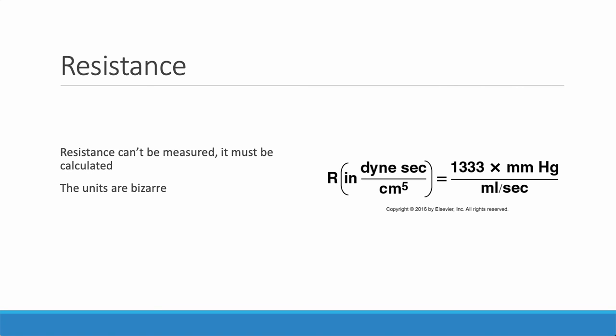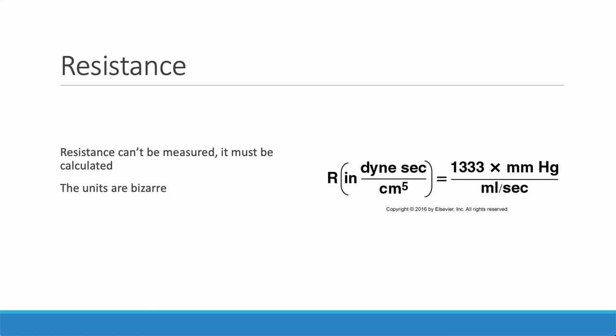So all of that makes you wonder about resistance, right? I'm sure it does. Well, resistance is one of those funny things that we can't really measure. We have to calculate it. And when we calculate it, we get this bizarre unit of referring to resistance, and that is dyne seconds per centimeter to the fifth. You may also see it written as dyne second centimeters to the negative fifth, which just means that the centimeters to the fifth is above the line, and the negative sign means that it's inverse, right?